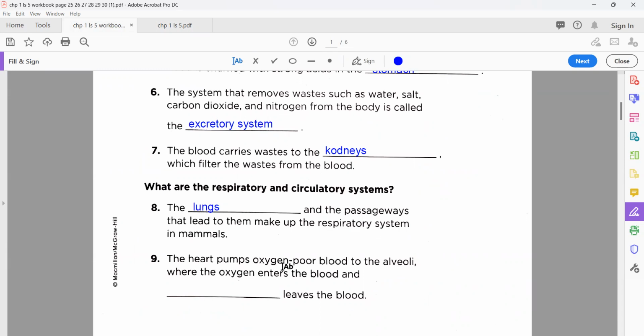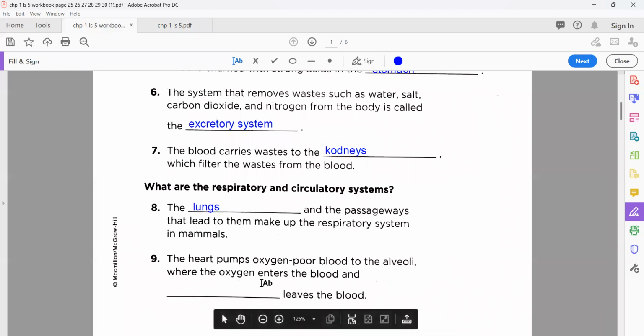The heart pumps oxygen-poor blood. What does oxygen-poor mean here? Blood which has less oxygen or no oxygen, to the alveoli, where oxygen enters the blood and dash leaves the blood. Who leaves the blood?